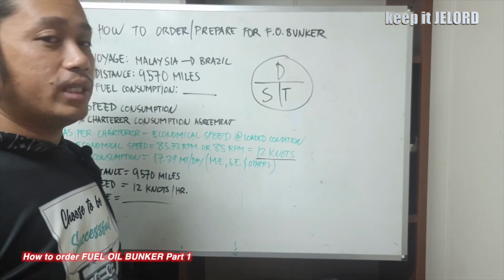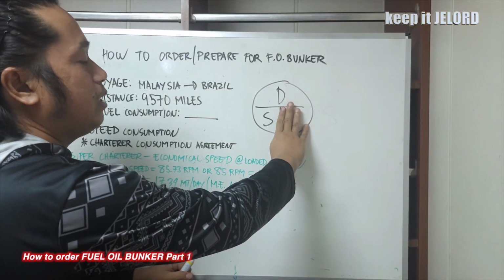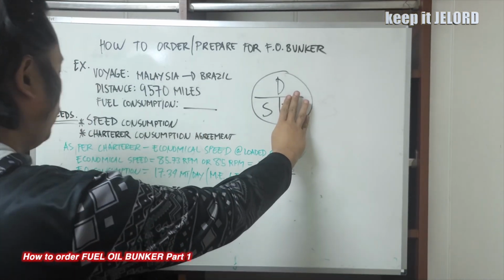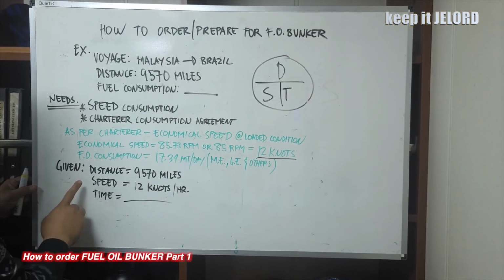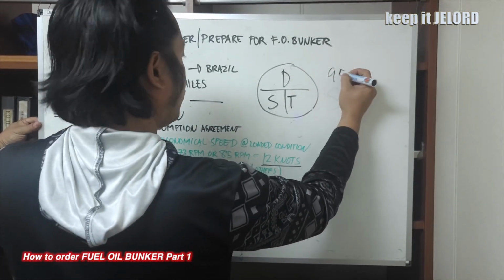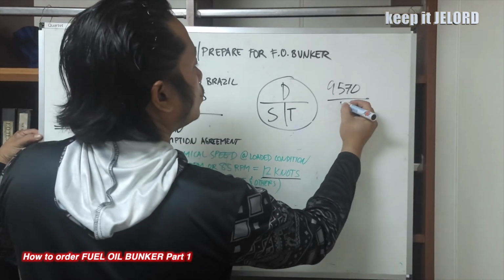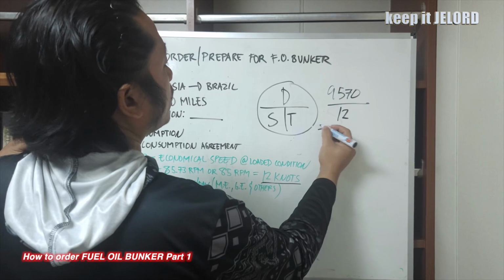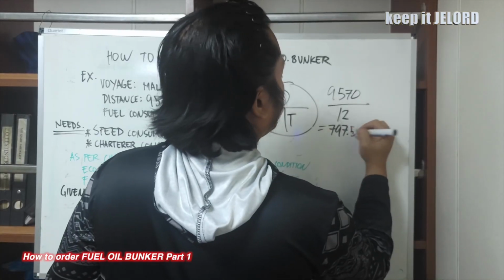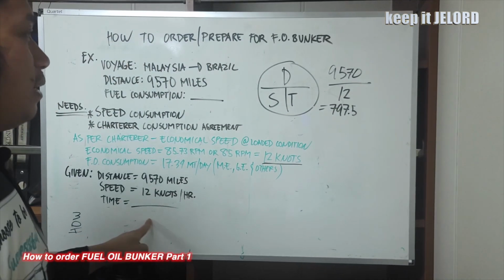When you are looking for the time, we cover T. The remaining are the distance and the speed, and we have both given. So 9,570 miles divided by 12 knots, the answer is 797.5 hours. That would be our time.